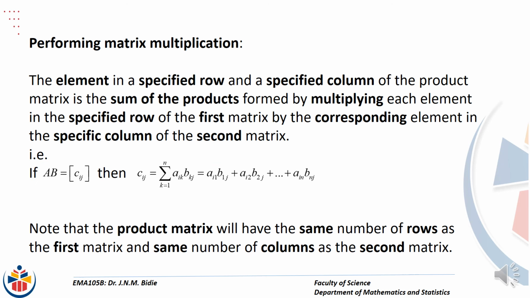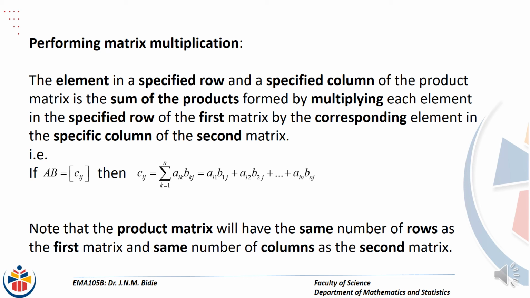Now, when we perform the matrix multiplication, remember the first condition still holds. The rows of the first matrix and columns of the last matrix will form the size of the product only if the columns of the first matrix and the rows of the second matrix are equal.